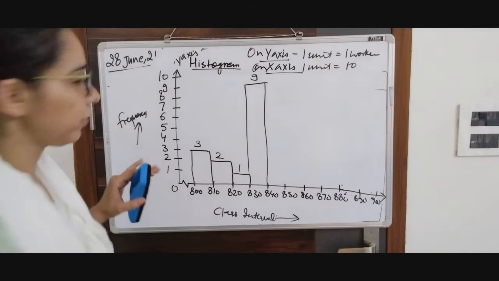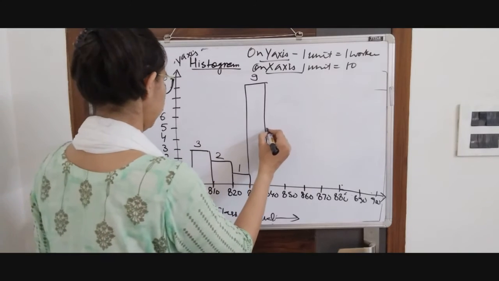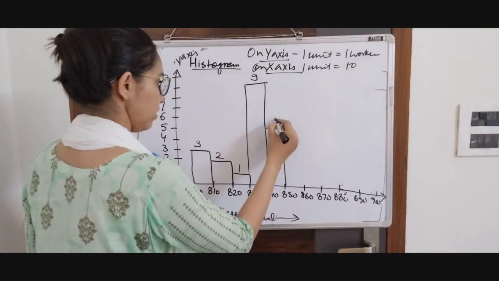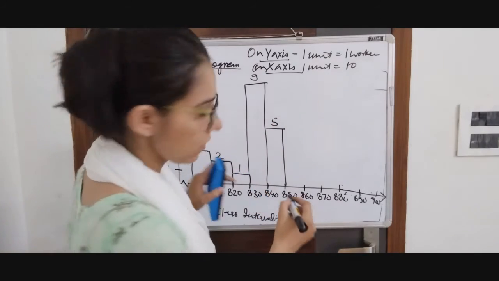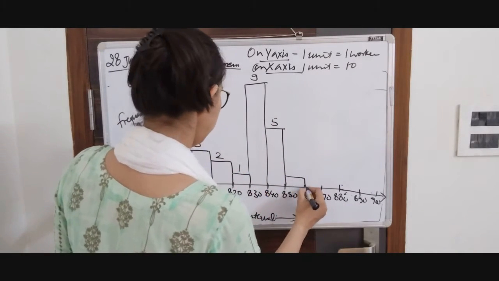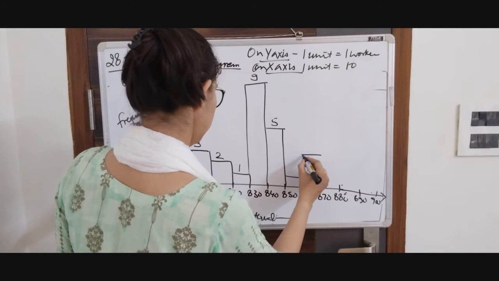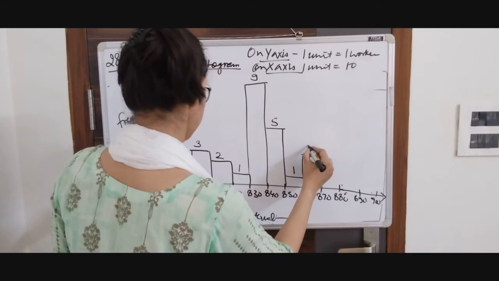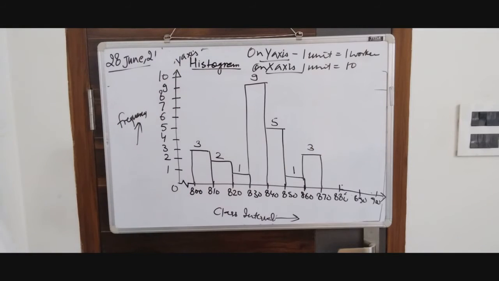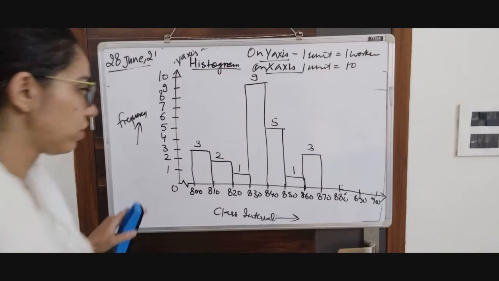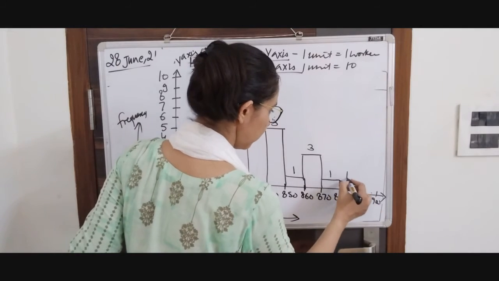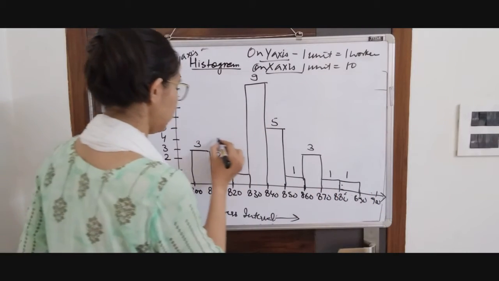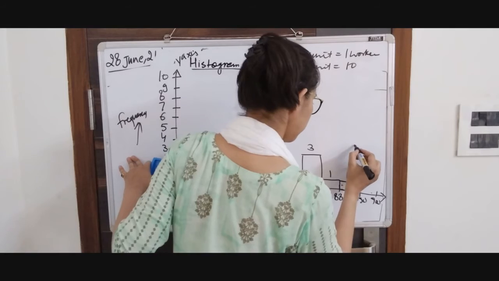840 to 850, it is 5. 850 to 860 is 1. Then 3. Then 1, 1 and 4.